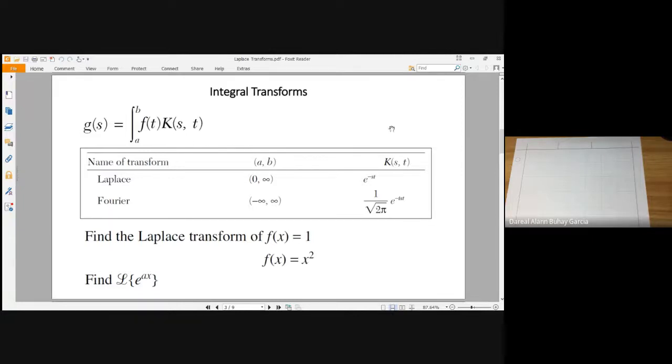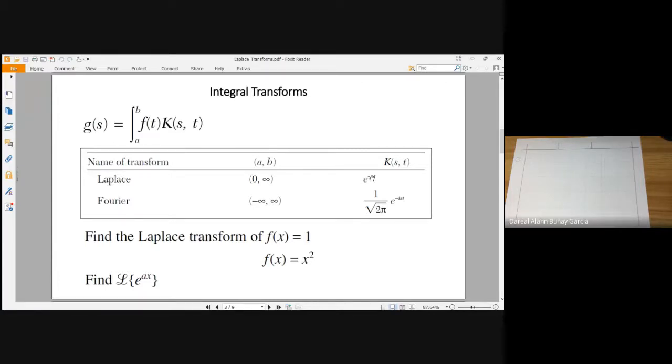The two most commonly used integral transforms in engineering are the Laplace transform and the Fourier transform. So Laplace and Fourier. The kernel of Laplace is this one, e to the power of negative s times t. So again, the kernel of the Laplace transform is e to the power of negative s times t.